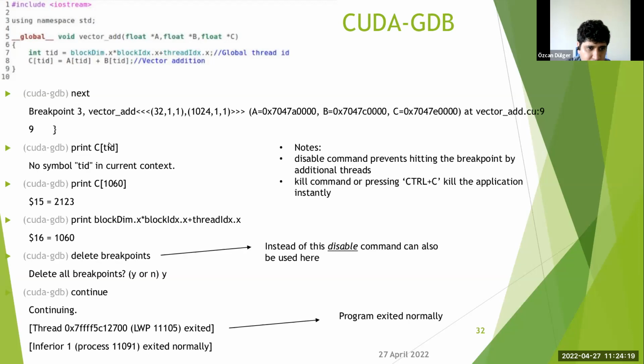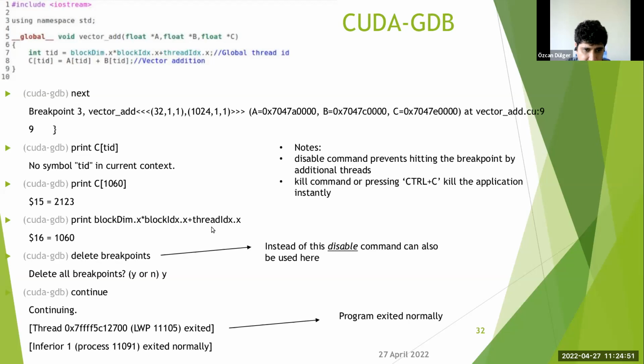So we cannot use it as the index. But since RAC is alive, we can access it by using a constant index value. When we enter 1060 here, we get our expected output, as you see. You can also print the built-in variables of the kernels, such as blockDim, blockIdx, threadIdx.